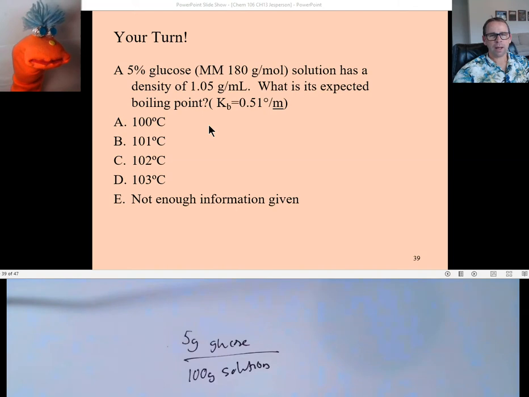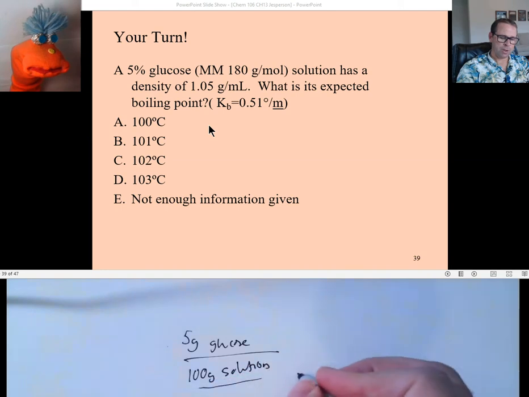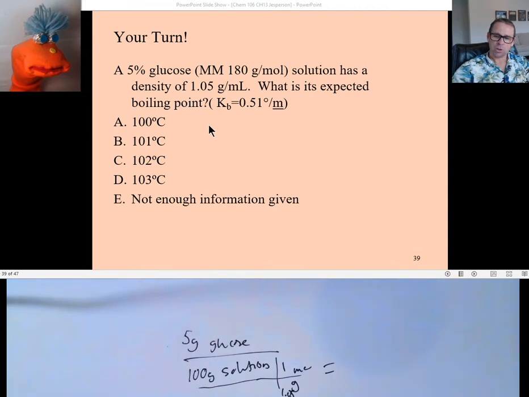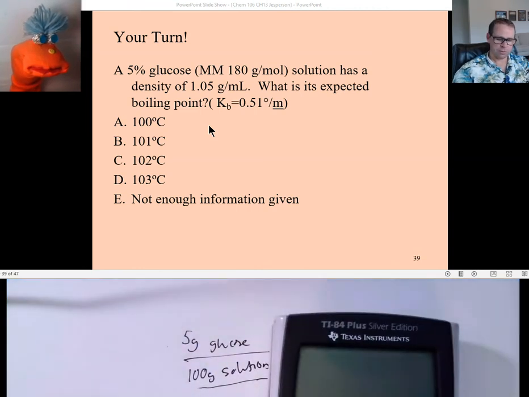All right. Now, if I have 100 grams of solution, can I identify how many liters that is? Yeah, well, we got the density, thank goodness, so it's 1.05 grams for every milliliter. All right. So if I want to convert that to milliliters, 1.05 grams for every 1 milliliter. So 100 divided by 1.05.